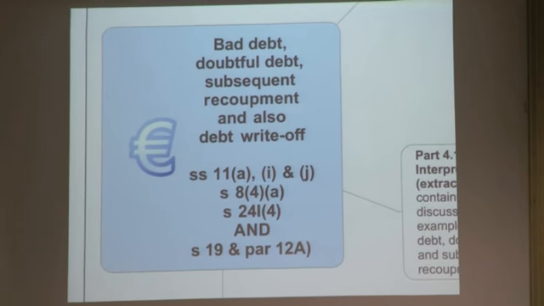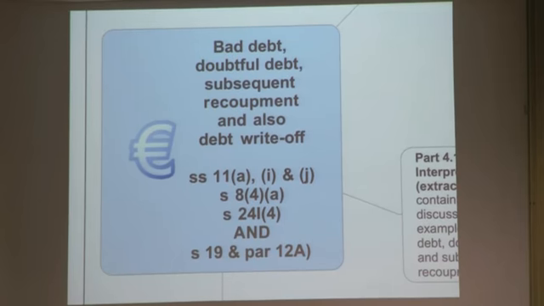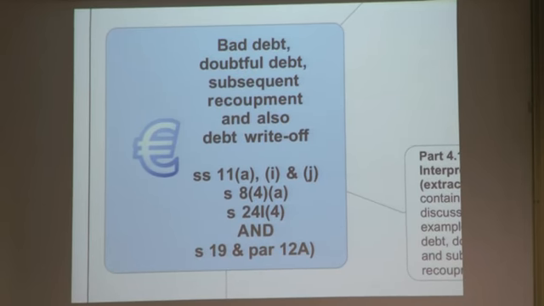The one example from the interpretation note is they took 25% of the amount, because that's kind of their practice. So doubtful debt, claimed in one year, what happens in the next year? Always reverse it. Whatever the amount was, you don't even think twice, you add it back, and then if it really goes bad, you do your 11I. Again, it's from the lender's perspective, so it's from the one that had the disposal of trading stock.